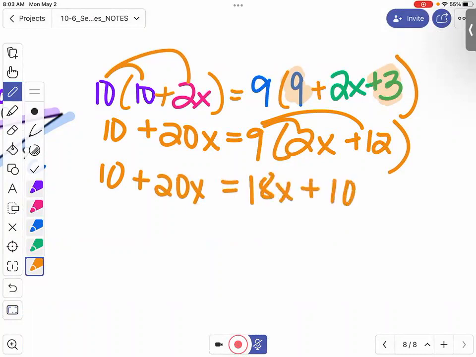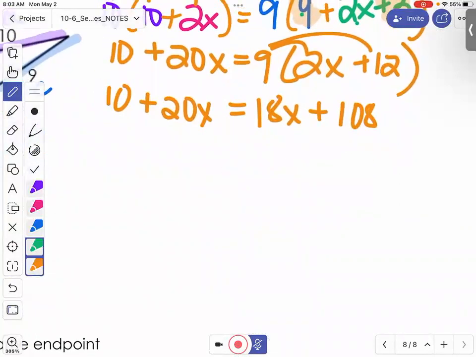9 times 12, 108. Now, side note, if you did distribute that 9 first to all 3 of these pieces inside those parentheses, it's not going to change that final result. You would still get down to that same 18X plus 108. So now let's cancel some pieces out here. Let's start solving. So I'm going to subtract the smaller variable first.